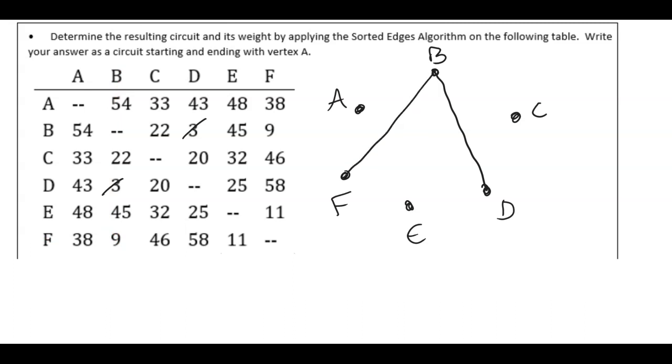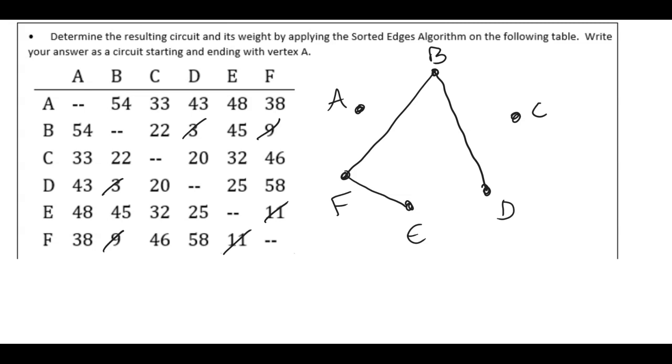Looking great. Let's cross that off. The next cheapest, well, it looks like the 11. It's F to E. F to E, that's great. Let's cross that off.